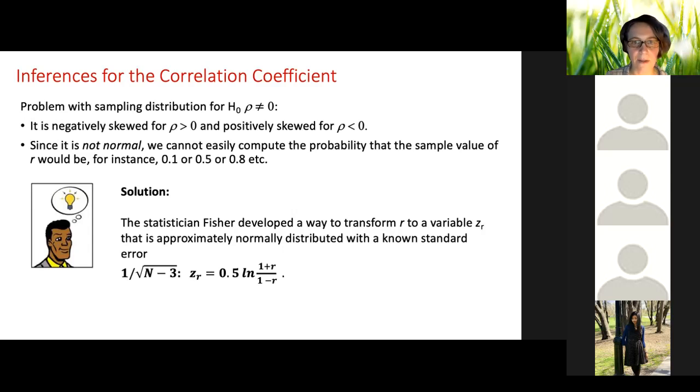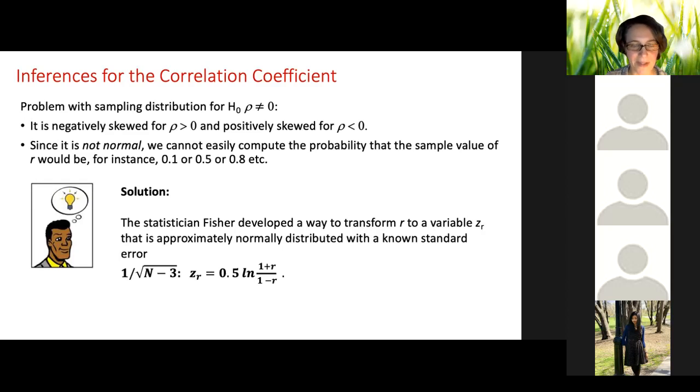Basically, he developed a way to transform our sample statistic r into a variable called z_r, and that variable is approximately normally distributed under certain assumptions. So certain assumptions have to be met. He also came up with a way to calculate the standard error for this transformed variable.